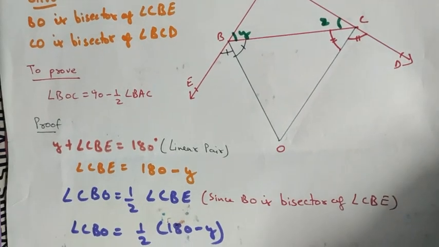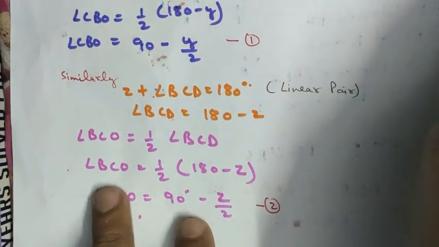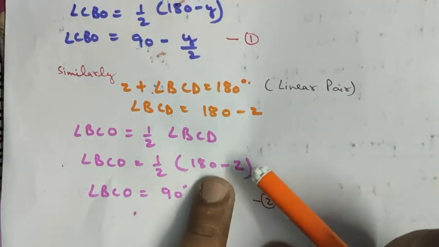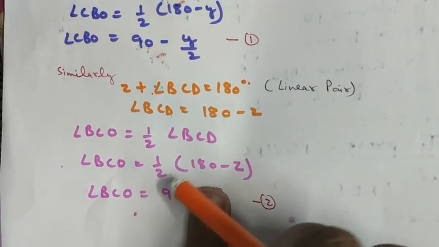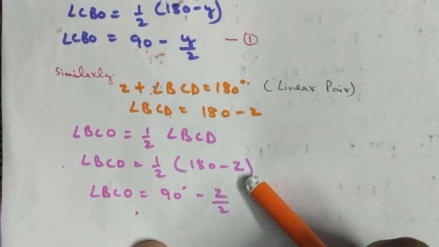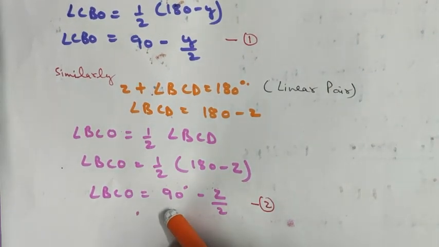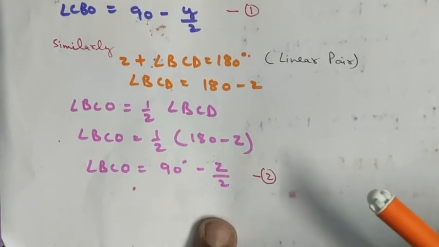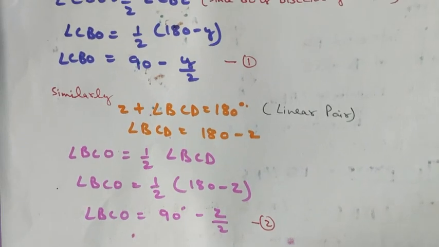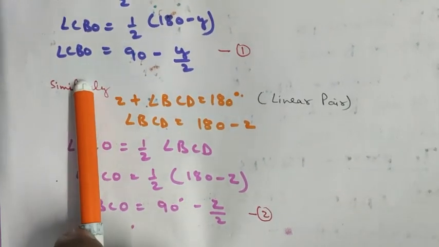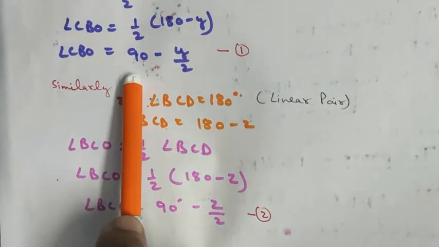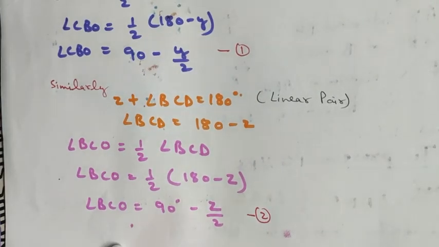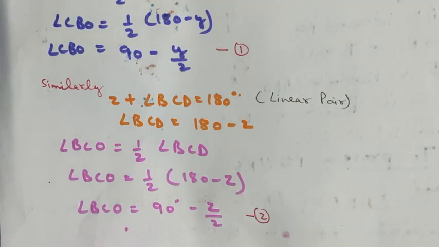So we will substitute the value of BCD as 180 minus Z. We get BCO is equal to half of 180 minus Z, that is half of 180, that is 90 degrees, minus Z upon 2. So we get the second equation. First equation we have achieved: angle CBO is equal to 90 minus Y by 2. Second equation we have got: angle BCO is equal to 90 minus Z by 2.